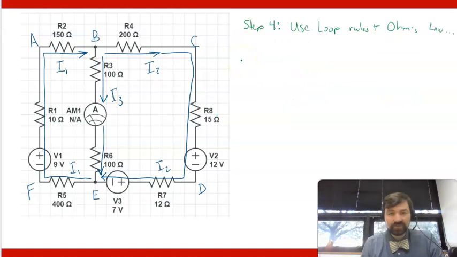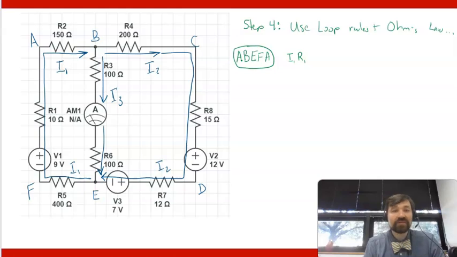Okay, my first loop, like I said, might be loop A, B, E, F, A. So I'm starting here. I'm going through the first resistor. That is I1, R1. And since I'm going in this direction around that loop, it's the same direction as the current, so this term is positive. Then I'm going this way through the next set of resistors, and this way through the next resistor, and so on.